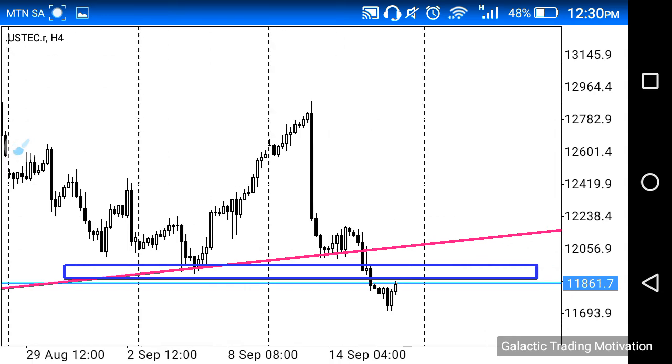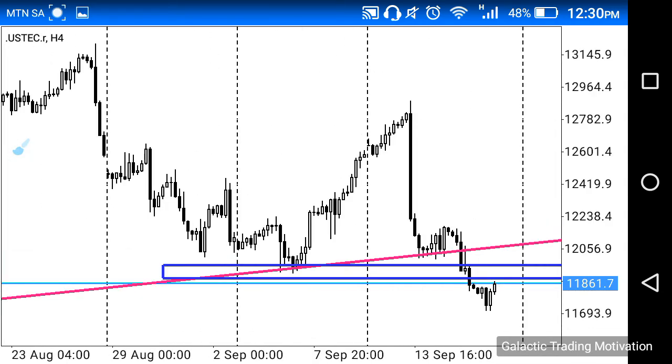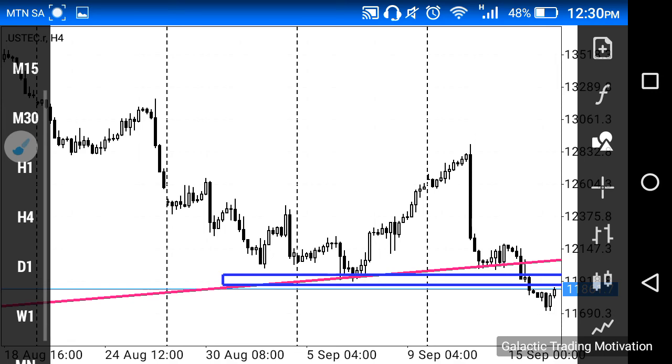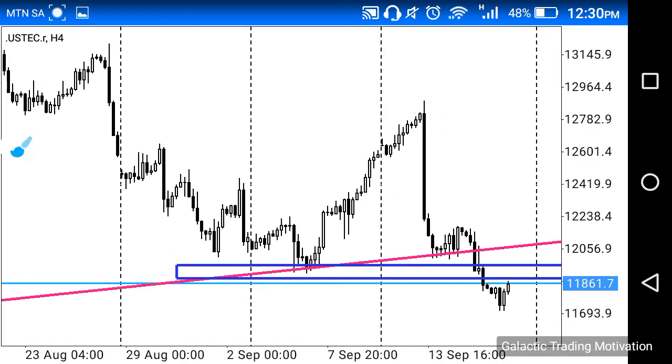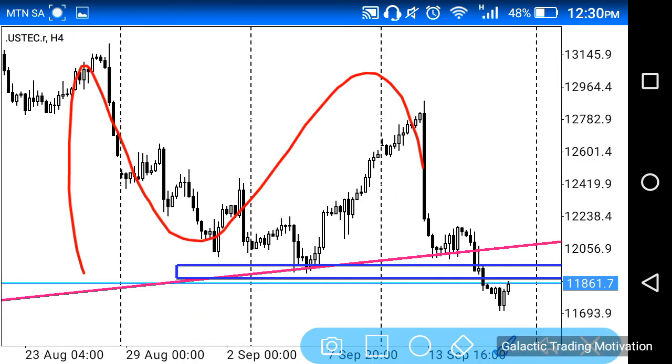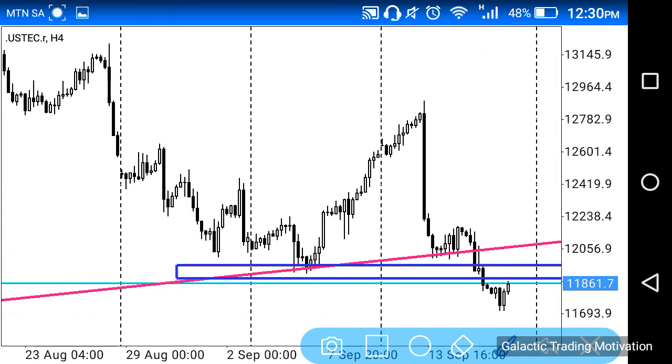On the H4 chart, remember guys, on the daily chart, I spoke about how we have this structure on the daily chart, which has a neckline at that point, right? Can you guys also see that on the H4 chart we have a smaller M structure over here, which has a neckline at that point as well, right?